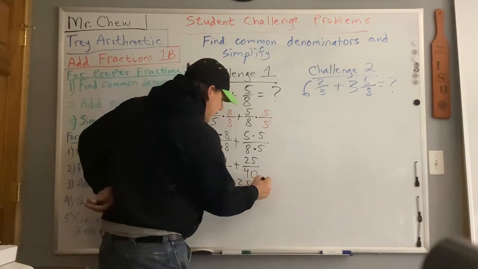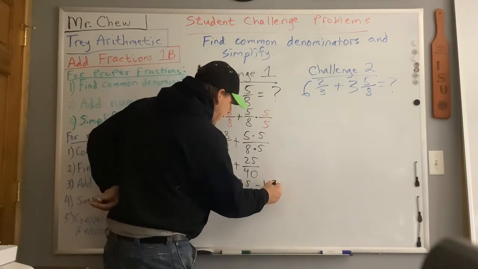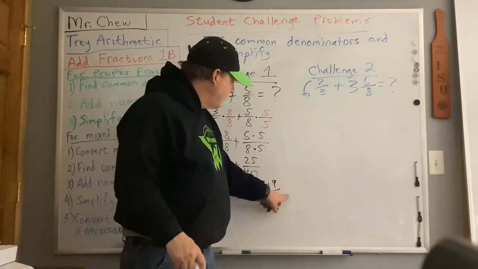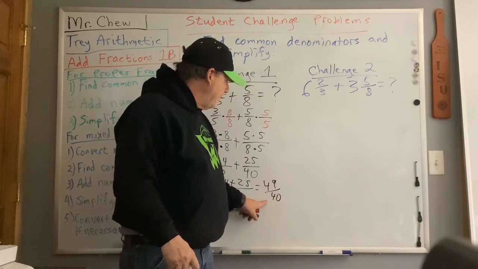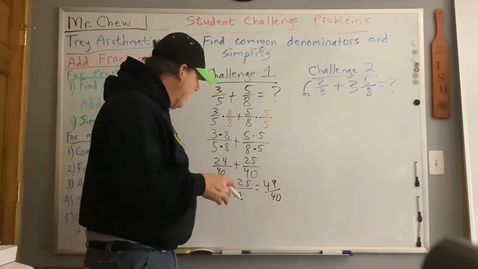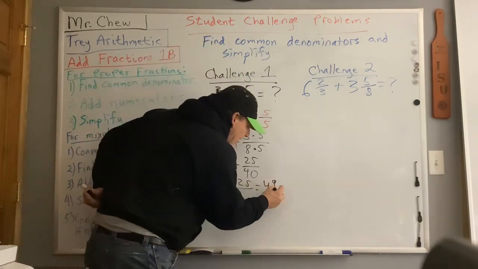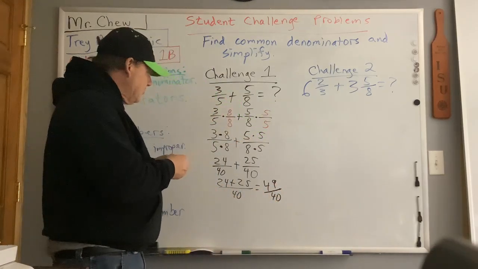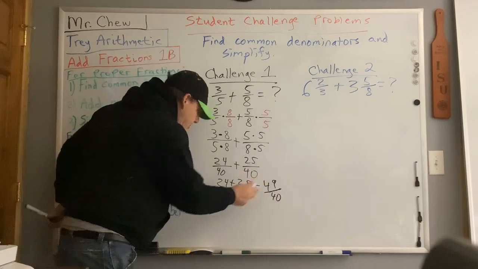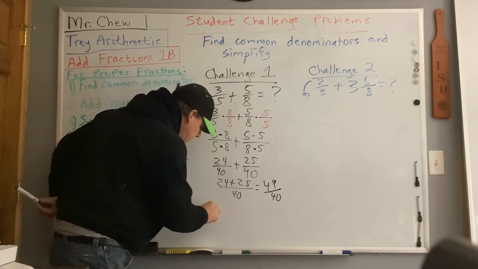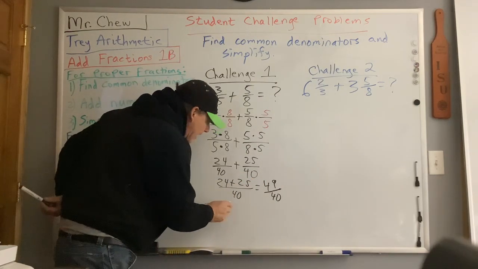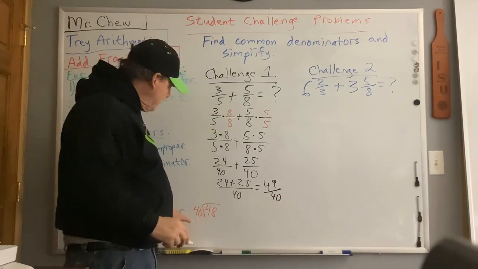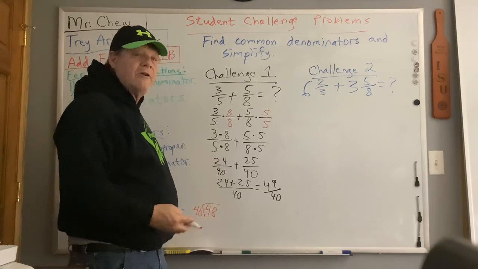And that equals 49 over 40. This is called an improper fraction. So anytime you have an improper fraction, we have to convert it. This fraction bar in a fraction just means divide. So I can take the numerator and divide it by the denominator, and I ask how many times can 40 be divided out of 49?